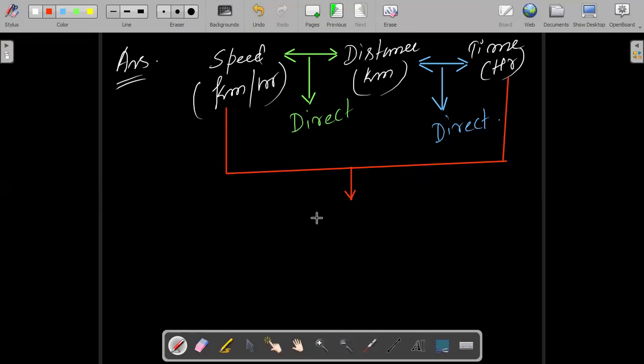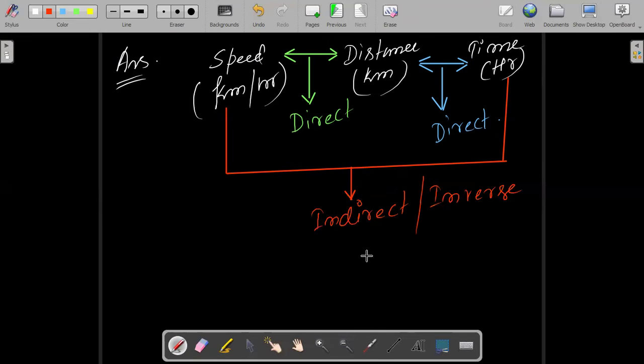So indirect or inverse relation? Is there any other combination among these three elements that we can make? Speed with distance, speed with time, time with distance, time with speed, distance with speed, distance with time. Apart from this, is there any relation possible among these three elements?